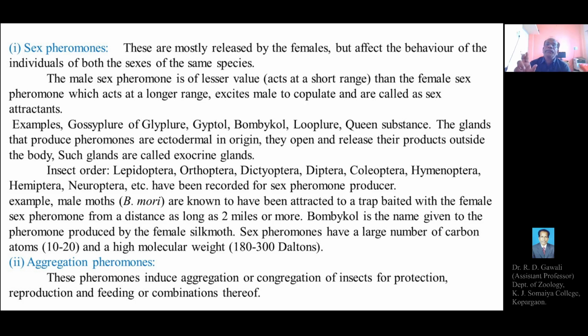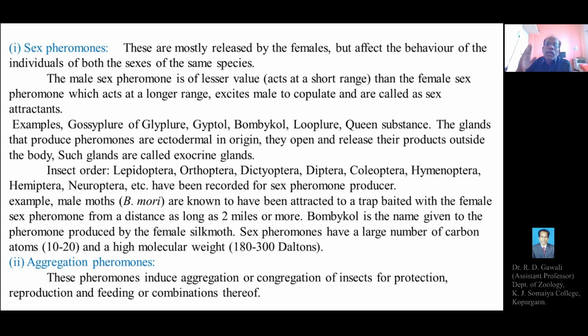This is the effect of a scent or biochemical in the form of sex pheromone produced by the female adult moth of Bombyx mori, having the ability to call the male members of the same species from a distance of more than 2 miles so as to undergo breeding or reproduction. So bombicol is the name given to the pheromone produced by the female silk moth of Bombyx mori.